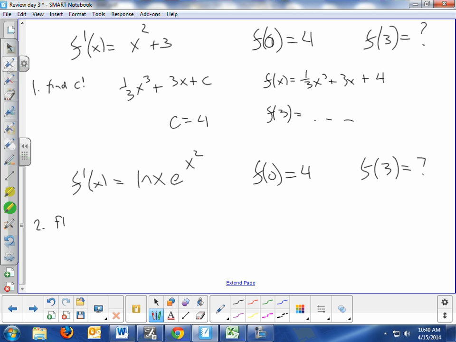Instead, I apply the FTC and I say, all right, well, f of 3 is just equal to this initial value 4 plus the area from 0 to 3 under this f prime, which essentially stands for the change in f from 0 to 3. And you can plug that into your calculator and you'll get the same answer as if you could find the antiderivative. Okay, remember that? We did that back in the day.